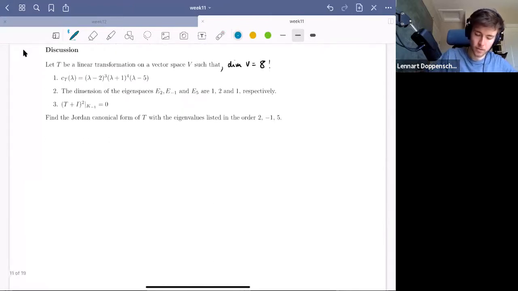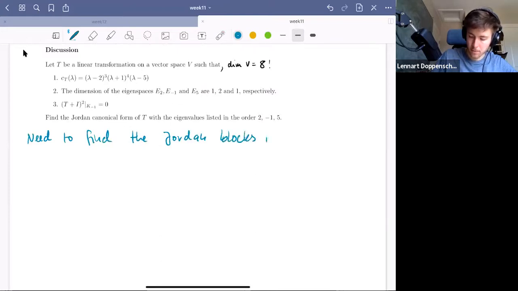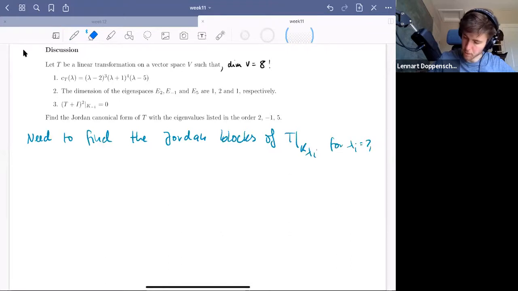Right, so you need to find the Jordan blocks of T restricted to K lambda i for lambda i, where the order should be 2.